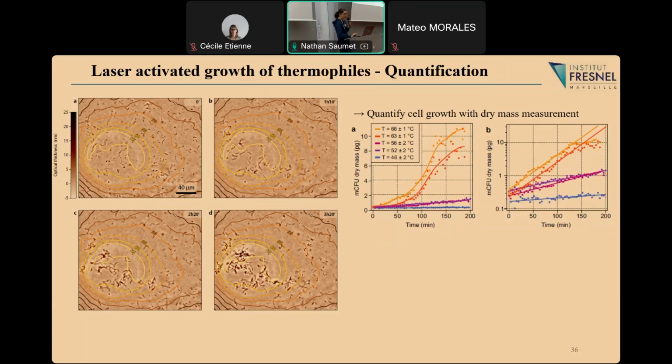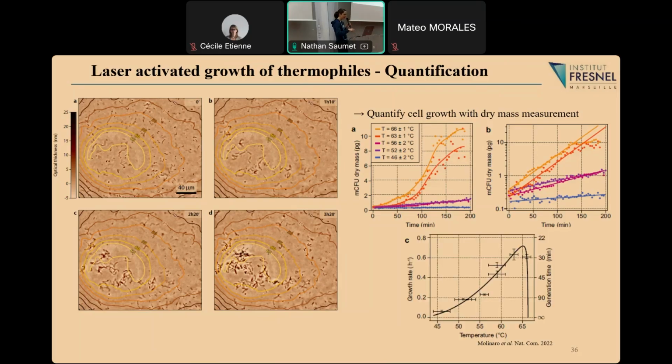We have an exponential increase of growth, which is depicted by the semi-log plot here. And at the end of the experiments, we reach a plateau, which is due to the fact that we have many, many cells, and it happens also for biologists when they are doing culture. It's called the stationary phase.